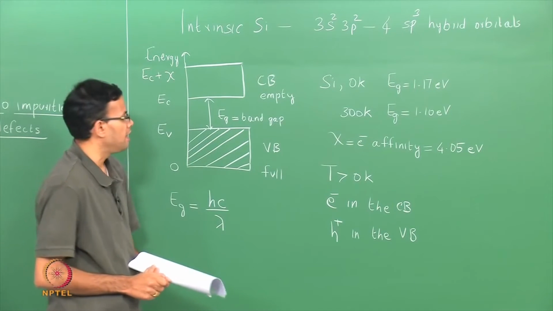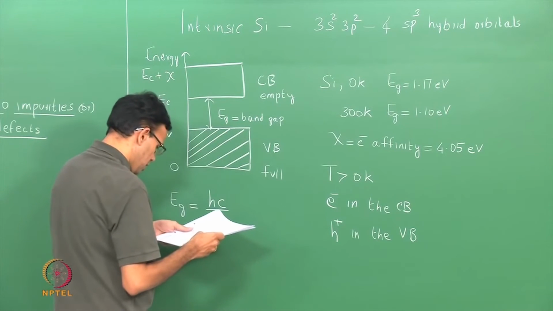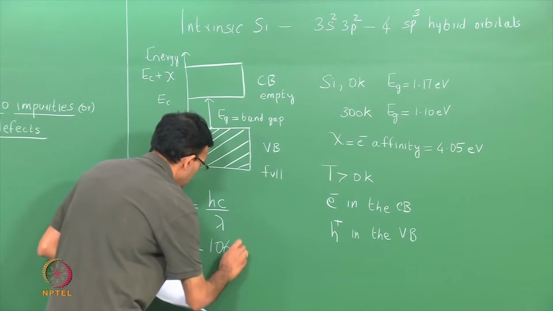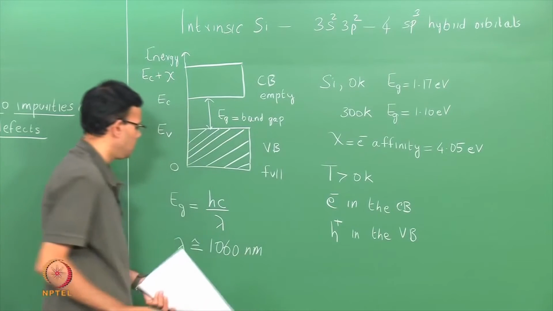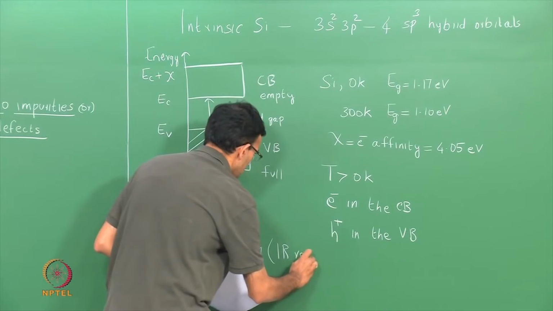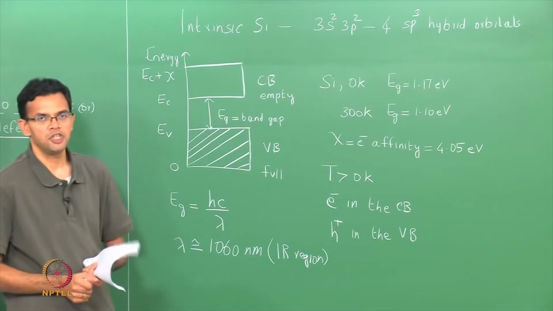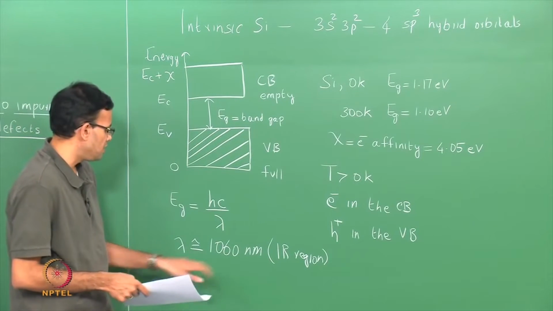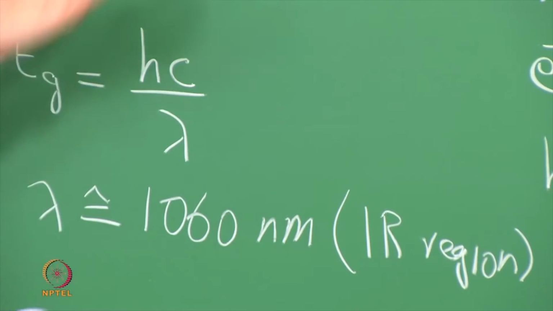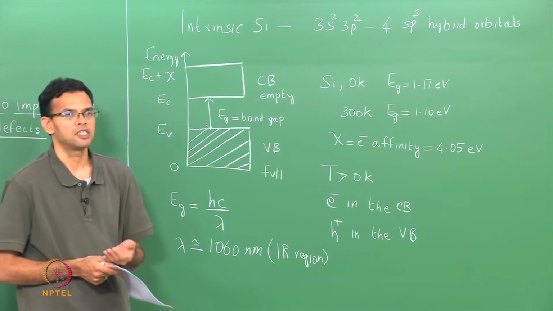We can do this calculation for silicon, where we find that lambda is approximately 1000 nanometers, and this lies in the IR region. As long as we shine light with a wavelength that is less than 1000 nanometers, which means the energy will be higher than the band gap, you can always excite carriers from the valence band to the conduction band.